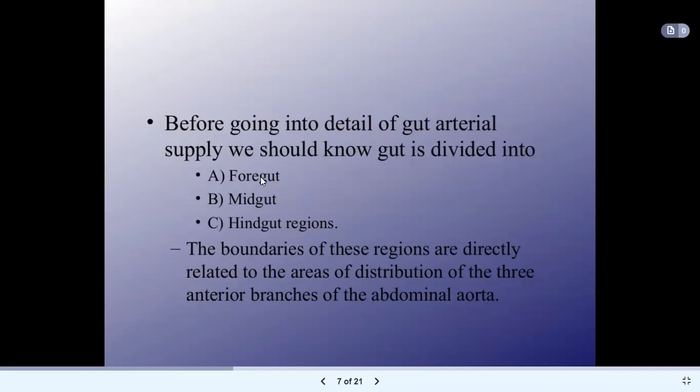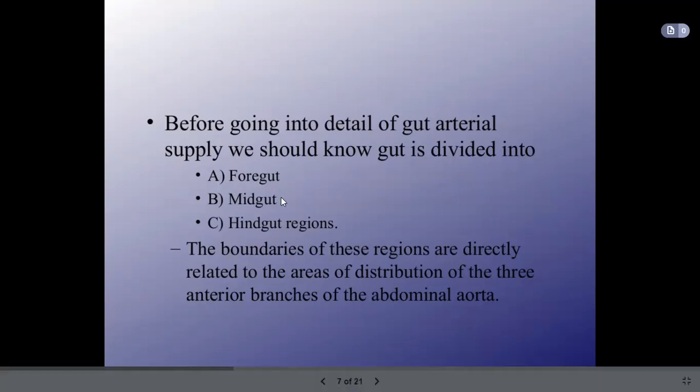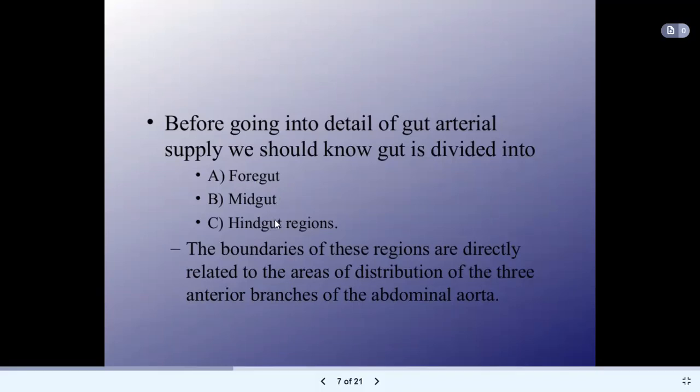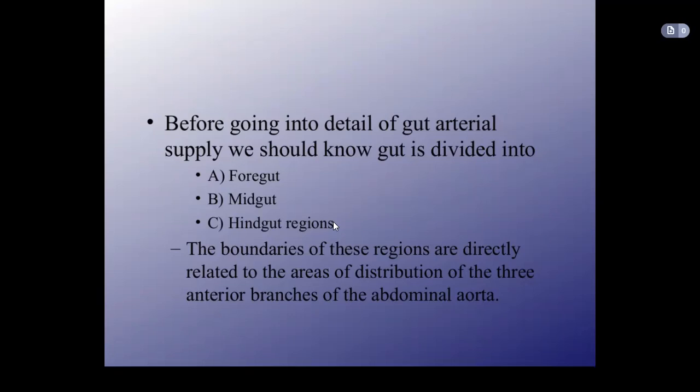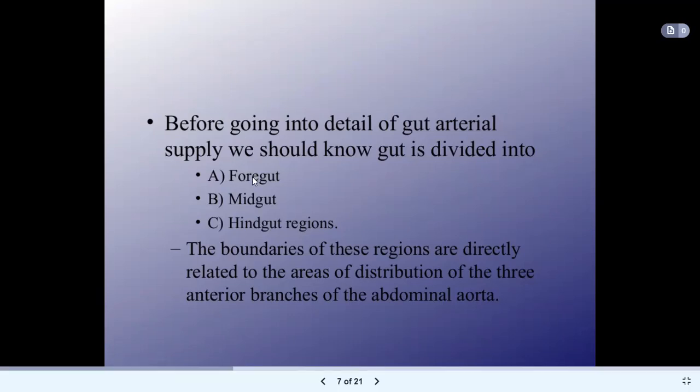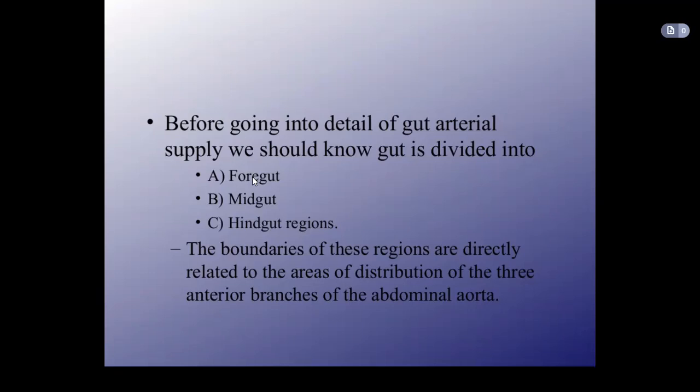So the foregut has its own arterial supply, the midgut has its own arterial supply, and the hindgut has its own arterial supply. And remember, we said we have the celiac trunk, the superior mesenteric artery, and the inferior mesenteric artery. So the foregut is higher, the midgut is in the middle, and the hindgut is below.